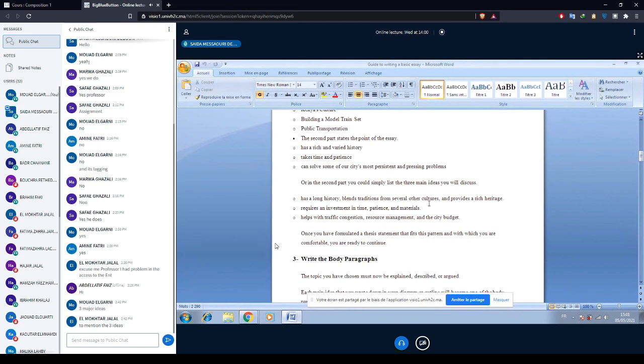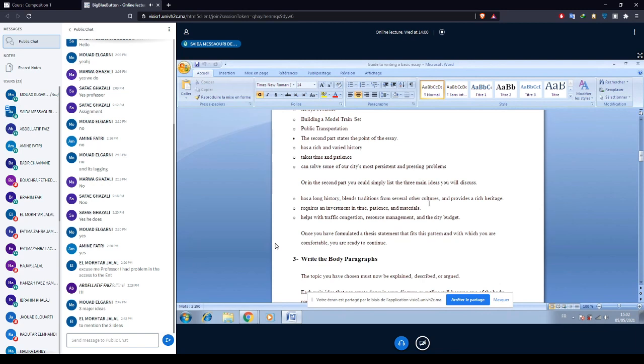Good. I have 3 major ideas. I know what the topic is going to talk about. I know that this topic is going to have 3 body paragraphs. The first paragraph is going to talk about time. The second paragraph is going to talk about patience, and the third paragraph about materials.